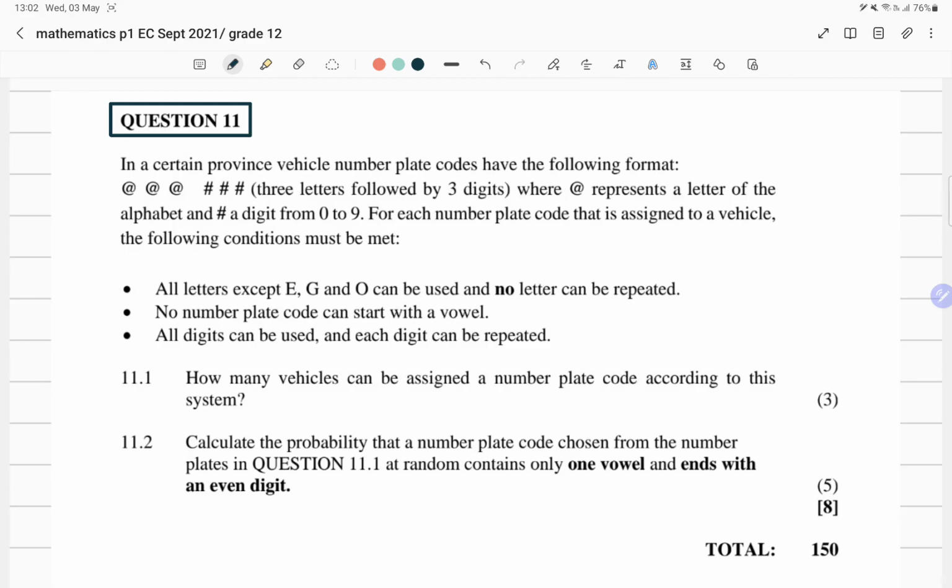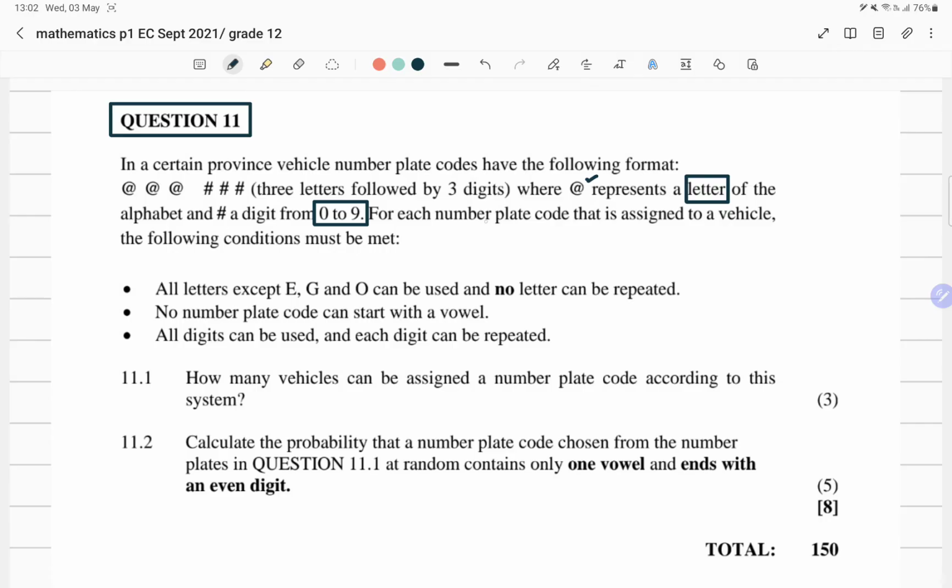So the three letters followed by three digits, where A represents a letter of the alphabet and the hash represents the digits from 0 to 9.